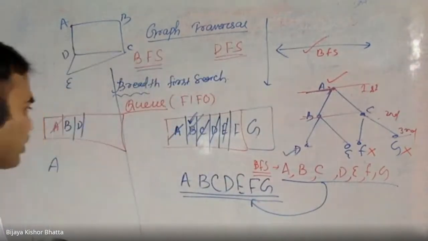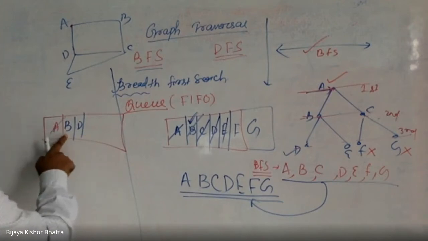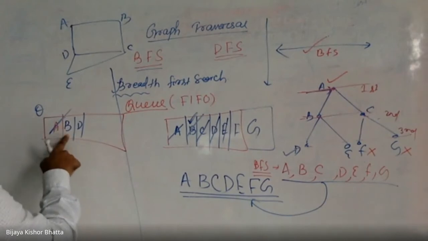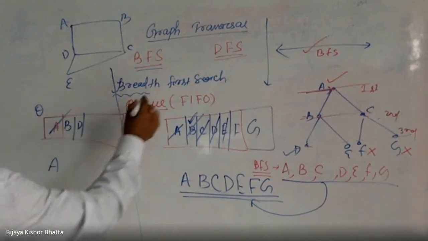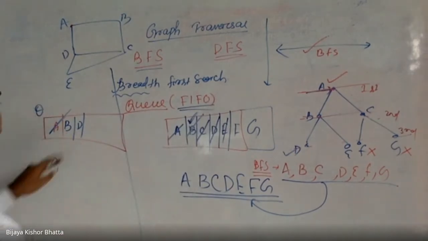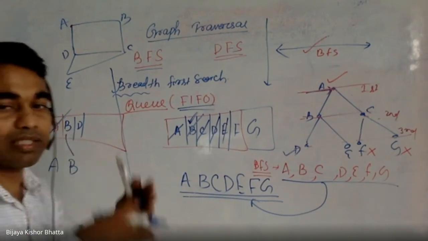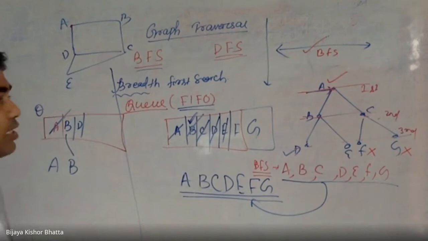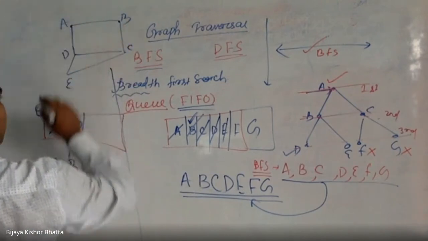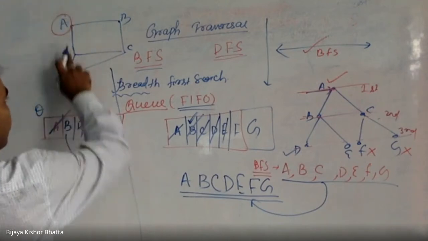Now which vertex will I choose? I will choose the front element of my Q. Once it is deleted, the next element to be processed is B, because Q follows first in, first out. But before processing B, you will first check who all are adjacent to B. B's adjacency includes A, but A is already processed, so I don't need it.